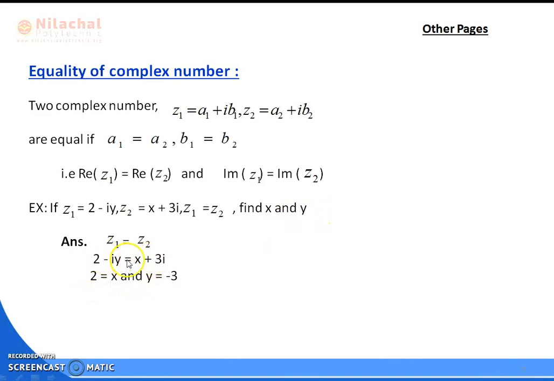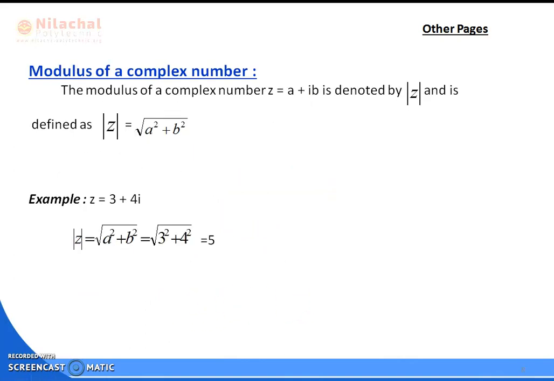Both complex numbers are equal, so they must satisfy this condition. a1 equals a2 means here a1 is 2, here a2 is x. That means x equals 2. Similarly, b1 equals b2 means b1 is minus y, b2 is 3. That means y equals minus 3. So similarly, we can obtain the values of x and y. Clear? So this is about the equality of complex numbers.